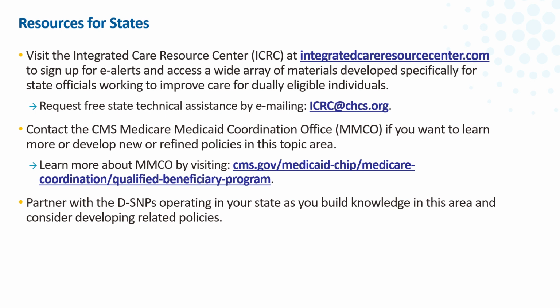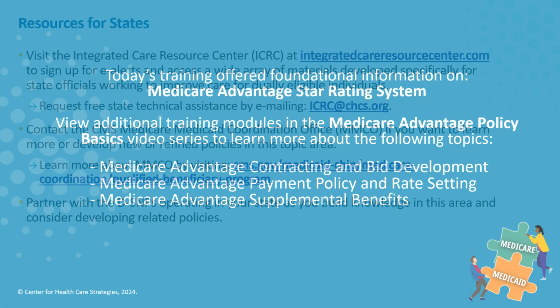States can also contact the CMS Medicare Medicaid Coordination Office to learn more or develop new or refined policies in this and other areas. You can learn more at the CMS website listed on the slide. And finally, states can also work with the D-SNPs operating in their state to learn more about this topic area and consider development of related policies.